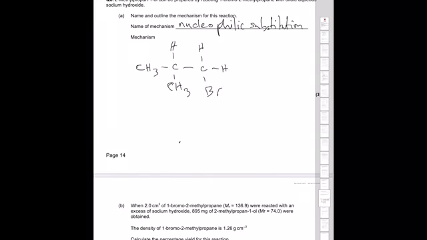So remember that the Br is more electronegative, so that's going to be a delta negative, and the carbon it's attached to is going to be delta positive. That's the wrong arrow. That's more like it. And then it knocks the pair of electrons onto the bromine. It's important where the arrows go.